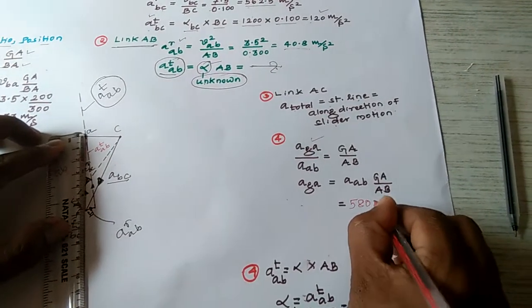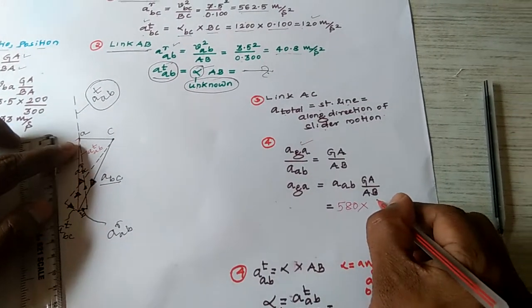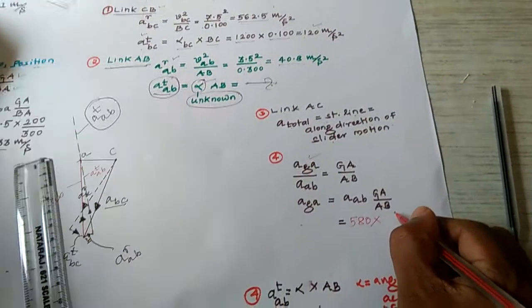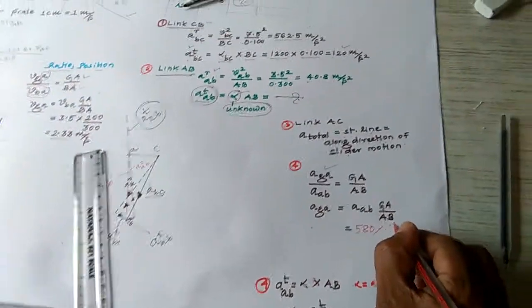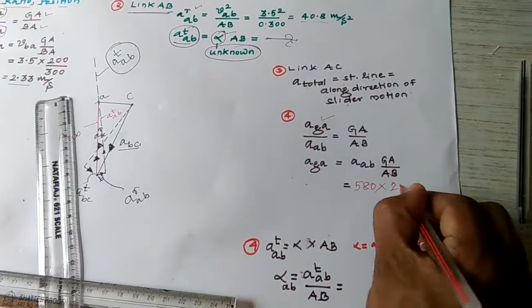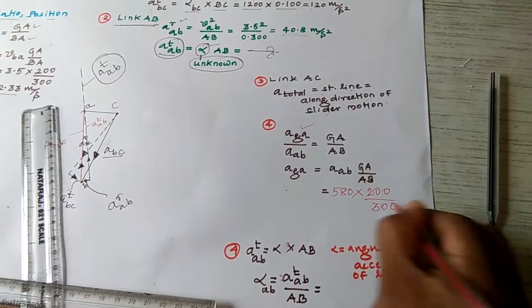This is 580. The GA distance I have taken is 200, and AB comes as 300. Look at the figure.